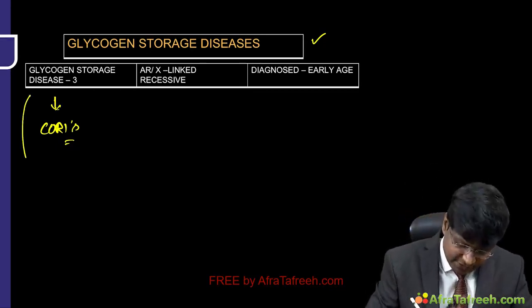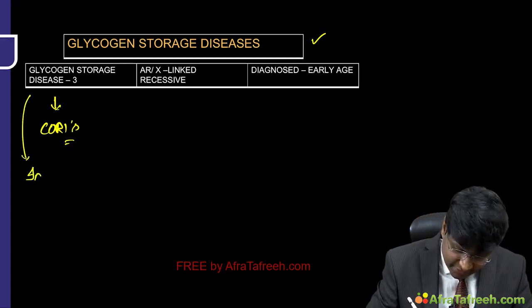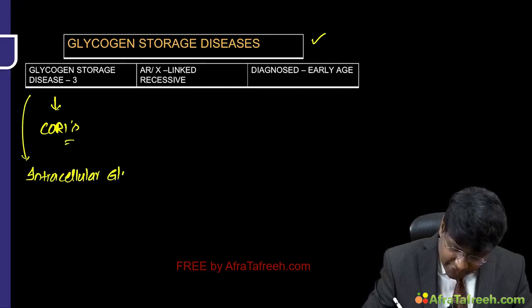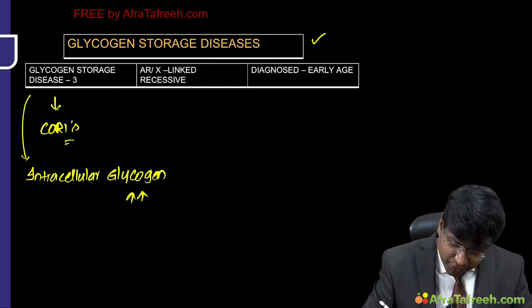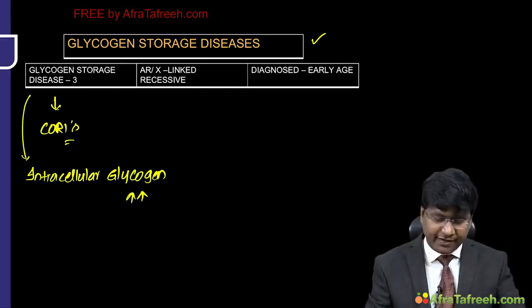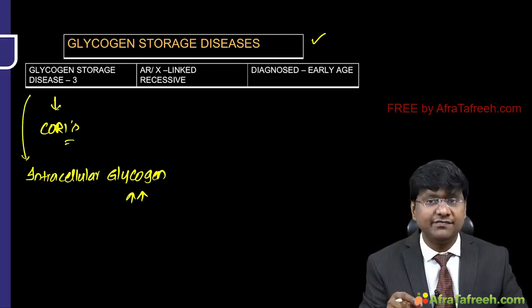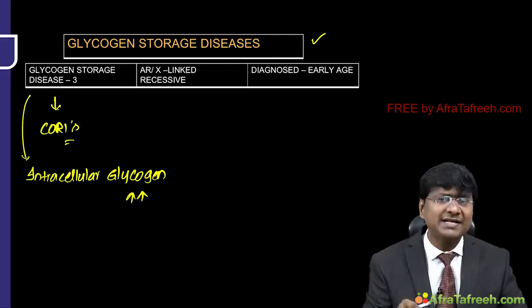Glycogen is nothing but the storage form of glucose. So intracellular glycogen accumulation is what will happen in glycogen storage disease 3, which is Cori's disease.